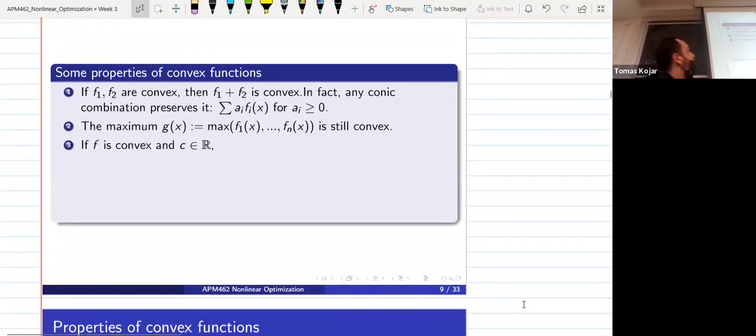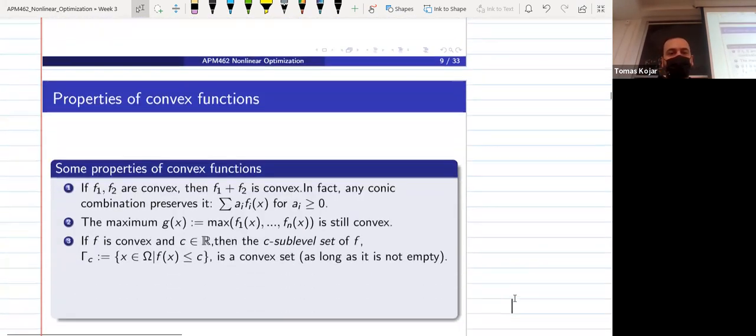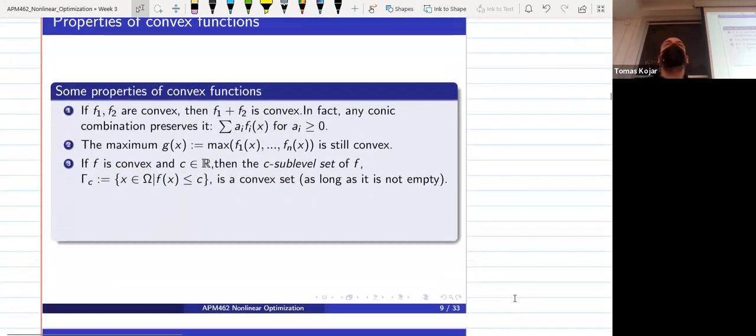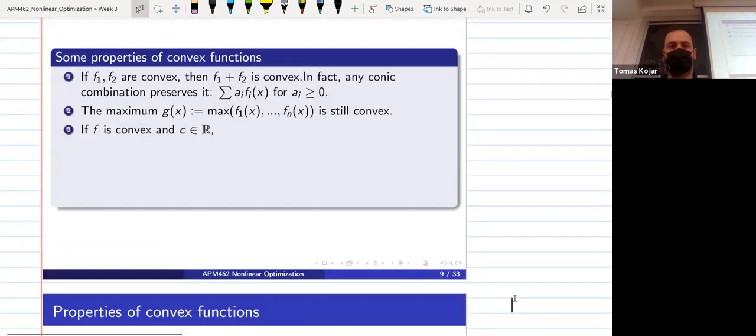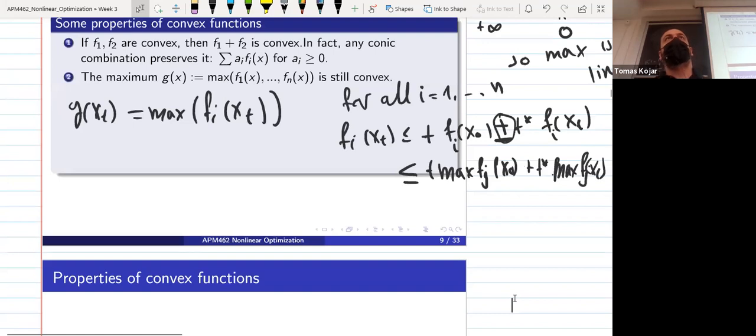If f is convex, get a serial number. Oh yeah, question, yes. Yeah, otherwise this is meaningless. Yeah, of course. Thank you. Yes.